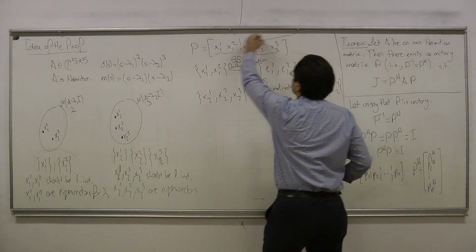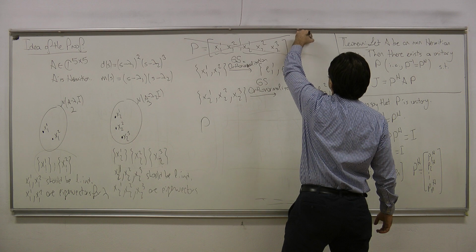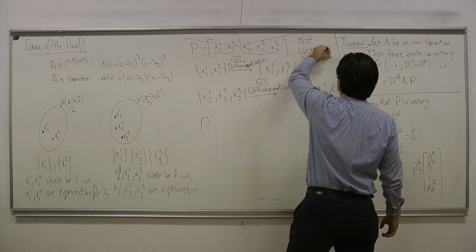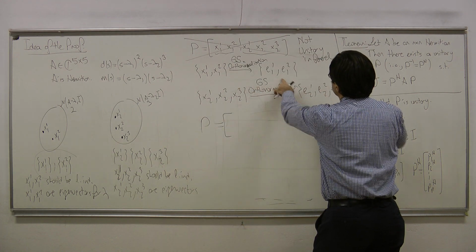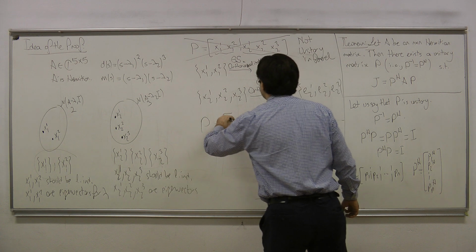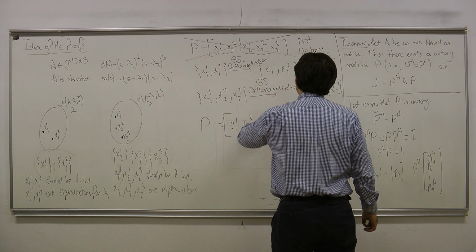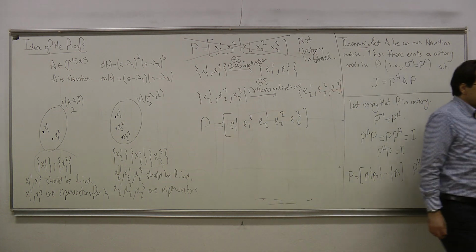And then, instead of forming my P matrix like this, because it is not unitary in general, I would fill my P matrix out of these new basis sets. E11, E12, E21, E22, E23. Okay?